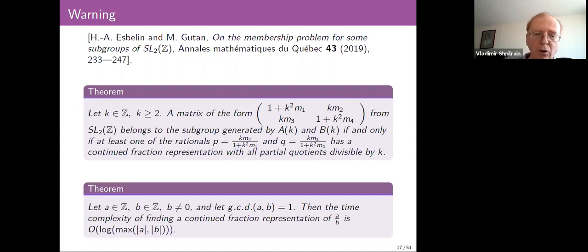So it may look like this is a sublinear time algorithm, right? Because it's the logarithm of the maximum of the entries of a matrix. But the thing is that the size of the entries of the matrix does not reflect the complexity of the input.